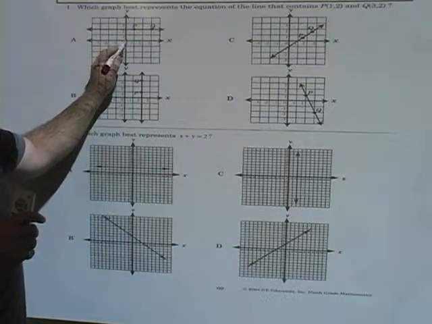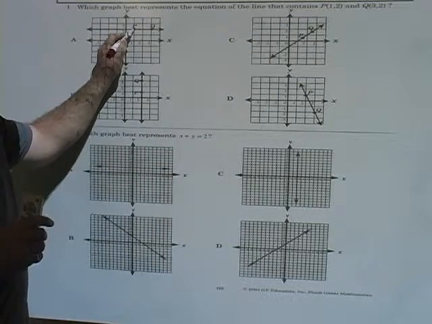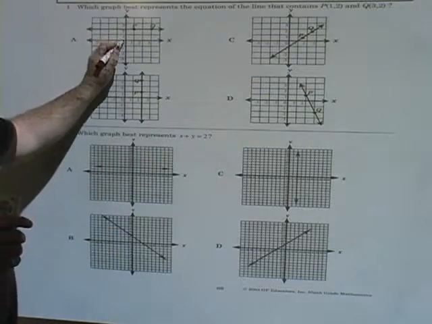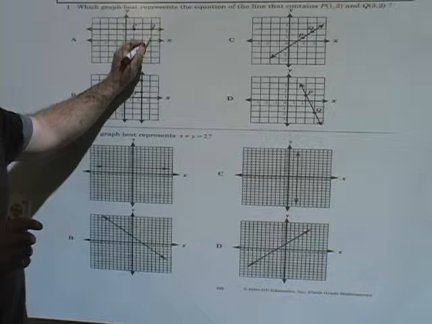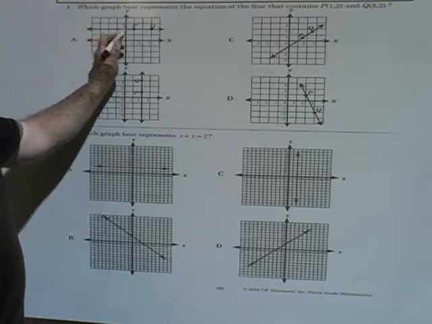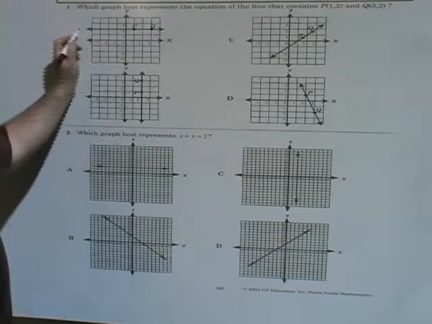So go over 1, up 2. And Q is 3, 2. So you go over 3, up 2. And there it is. Okay. And answer A was actually the right answer for that one, because that's the line that we're looking for right there. Okay.